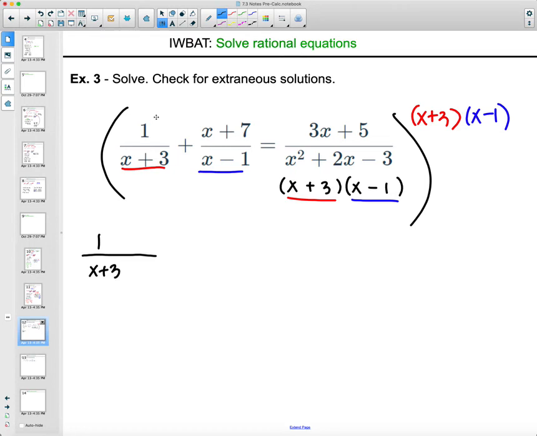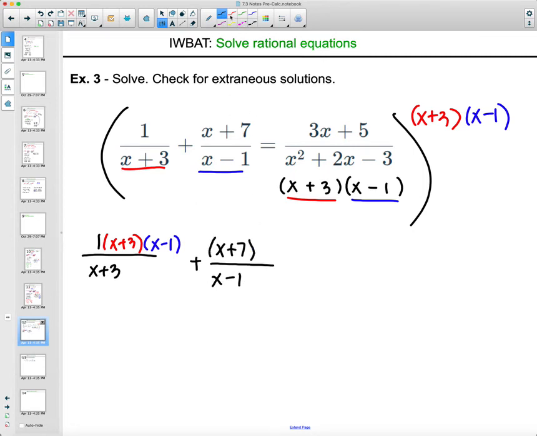So we're going to multiply this times this first piece. So we're going to multiply by x plus 3 and by x minus 1. Then we're going to multiply it into the middle. So we've got x plus 7 here and x minus 1.